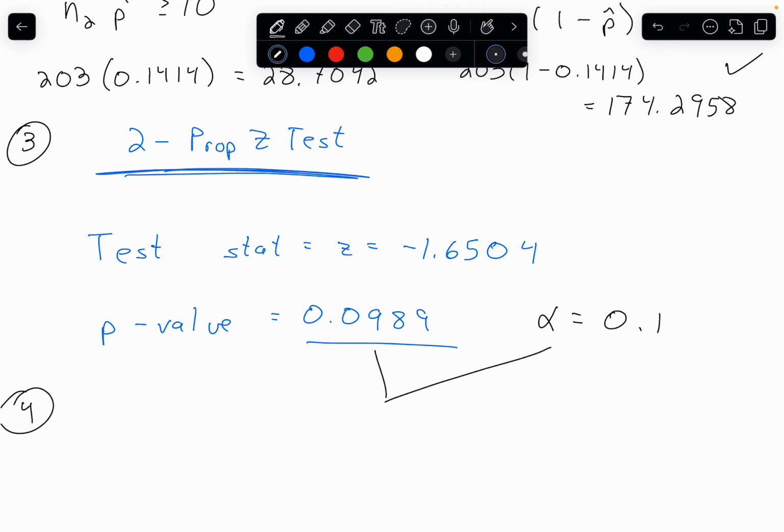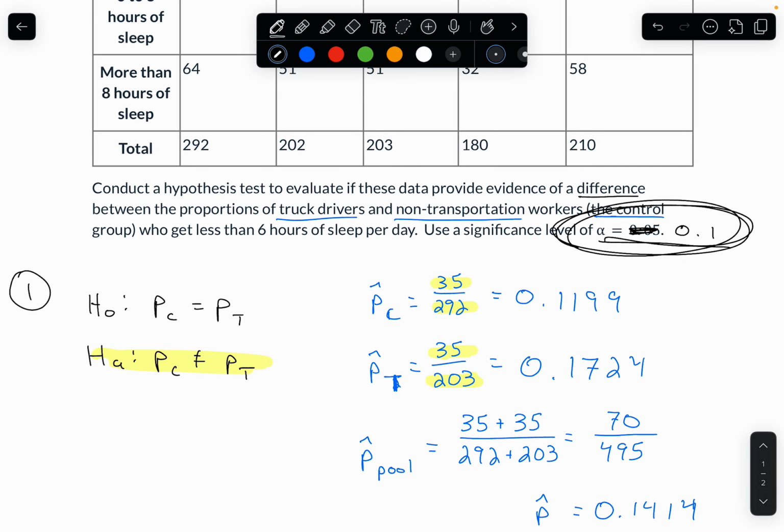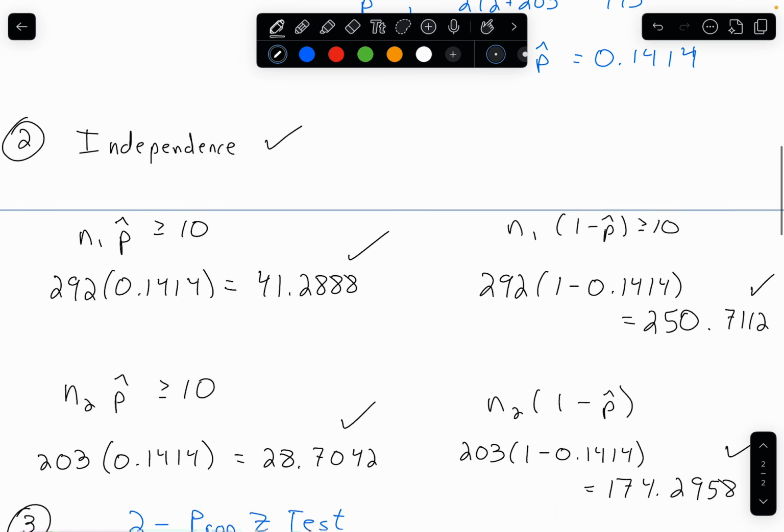So because the p-value is less than alpha, that means that in this case we are going to reject H0. So we have chosen to reject H naught, which means that there is enough evidence to support the alternative hypothesis, which if I scroll back up, we said that there is a difference between the proportion of truck drivers and non-transportation workers who get less than 6 hours of sleep.